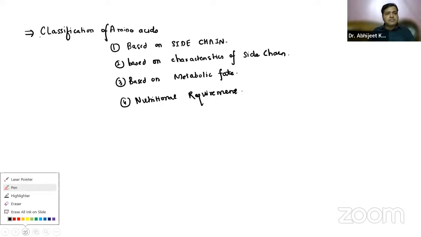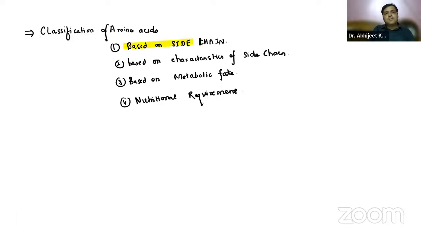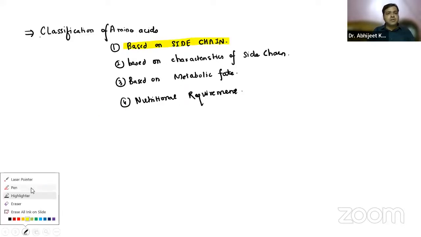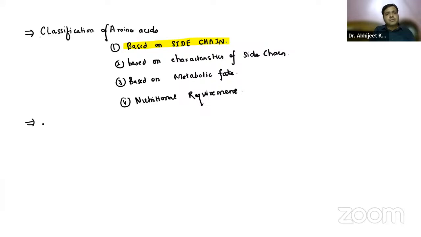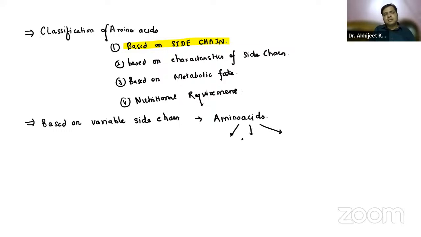Now, let us try to discuss the very first one, based on the side chain, or I can say based on variable side chain. Now, in this case, the amino acids are classified into three categories.